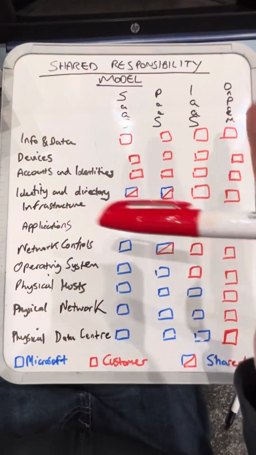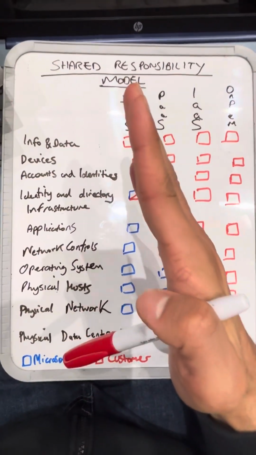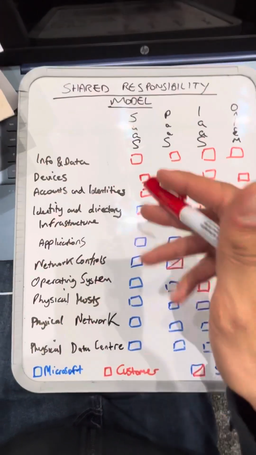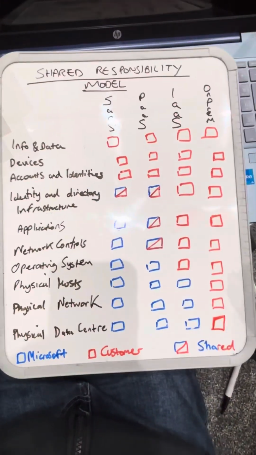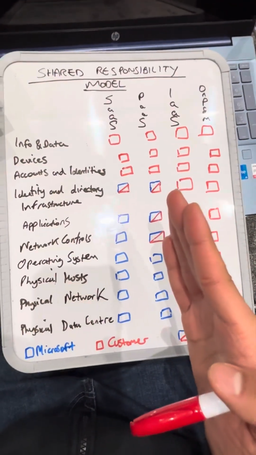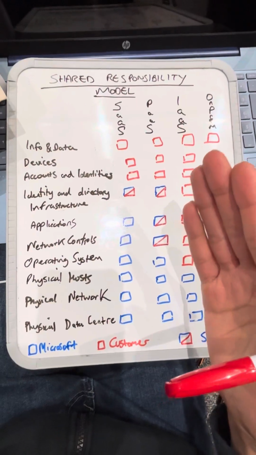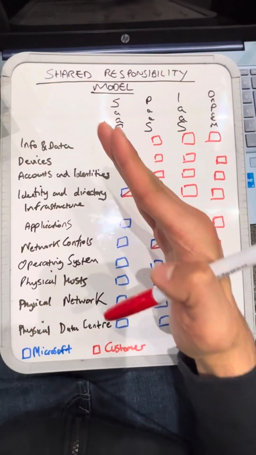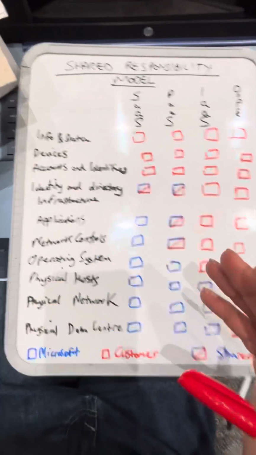Then we move on to software as a service. This puts more responsibility on the cloud provider, in this case Microsoft, and the customer has the least responsibility here. So we can see as we move from on-prem to IaaS, PaaS, and SaaS, that's what we call these as an abbreviation, we see that more responsibility is being put on Microsoft, whoever the cloud provider is.